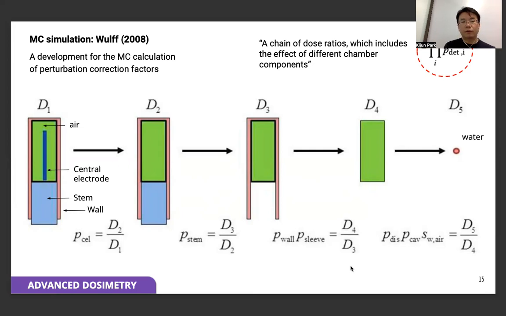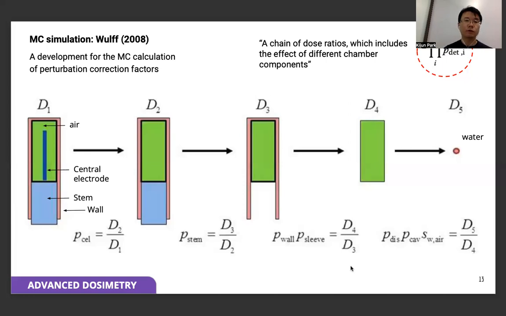For example, this is a pin type detector, the PTW 8708 or 8709 type of detector. A chain of the dose ratios, which includes the effect of the different chamber components, combined as a chain of perturbation factors, gives the final perturbation correction factor.